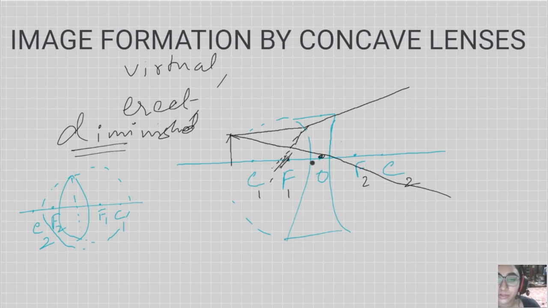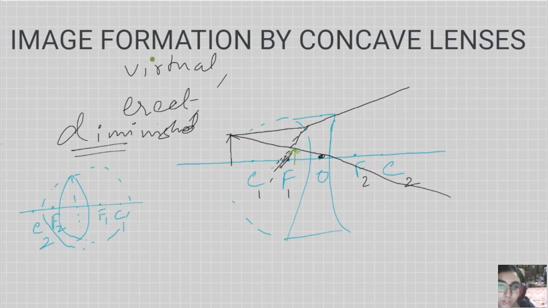So let's just do it here arbitrarily. Basically you'll get the image somewhere here. Just use another color. So you'll get the image here. Obviously the image will be in dotted lines, but since I had to make it look visible, I used the green color.